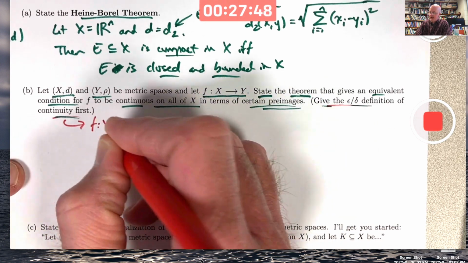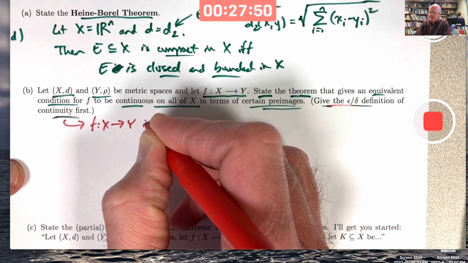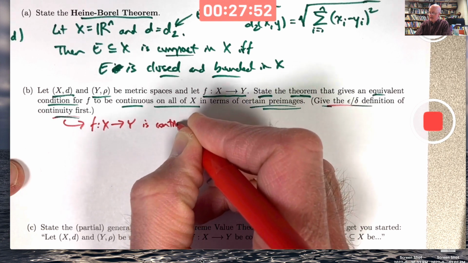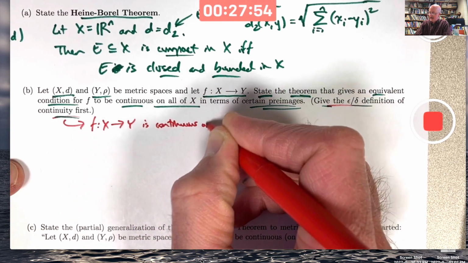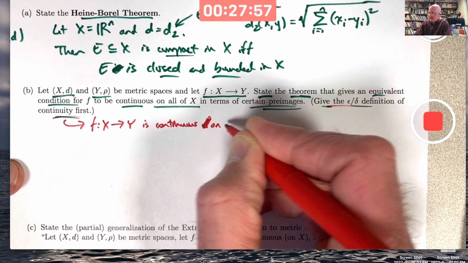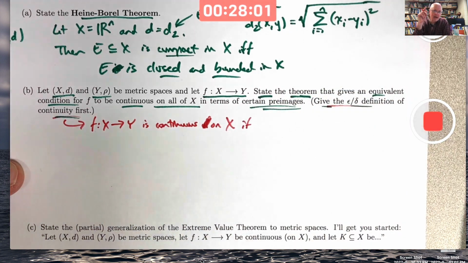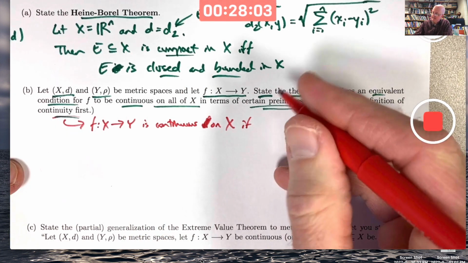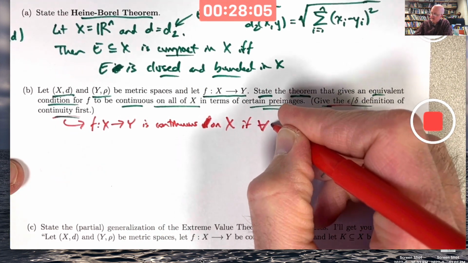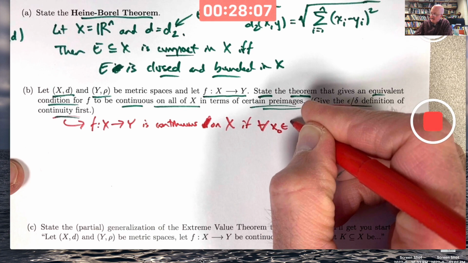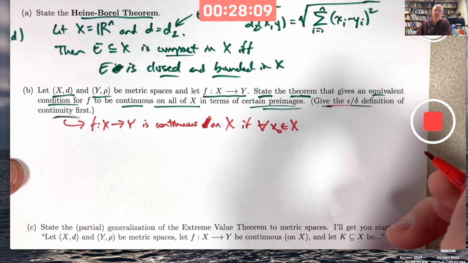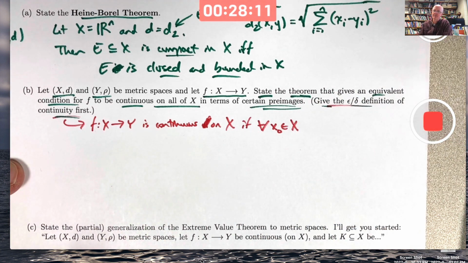f from x to y is continuous on x if what? First of all, if it's continuous at each point of x. For all, say, little x sub 0 in capital X, we have the epsilon delta definition.